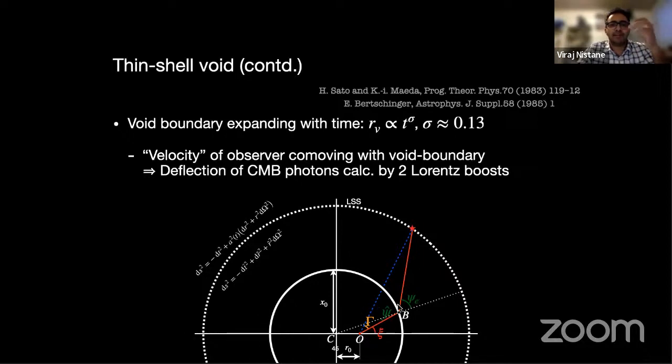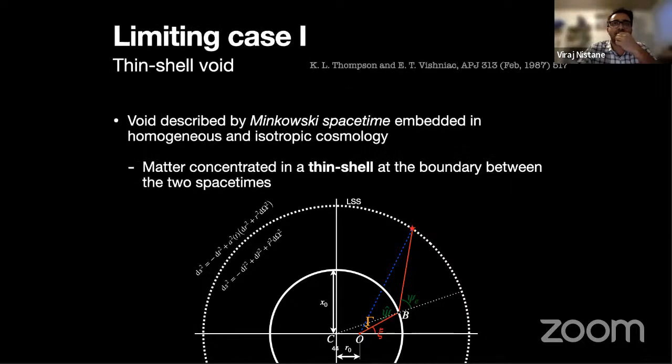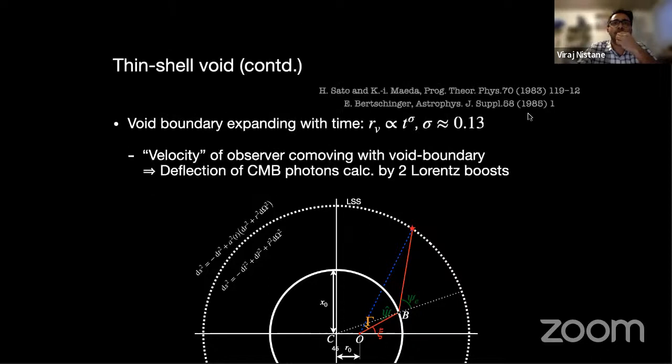And the second Lorentz boost is to convert the photon 4 momentum to the coordinate frame inside the void. And yeah, so this calculation has also been done in the Thompson and Wishniak reference that I mentioned here. And finally, we are able to calculate the deflection angle, and hence we can also calculate the gamma, so as to compare with the LTB model. And so this also is a work in progress.